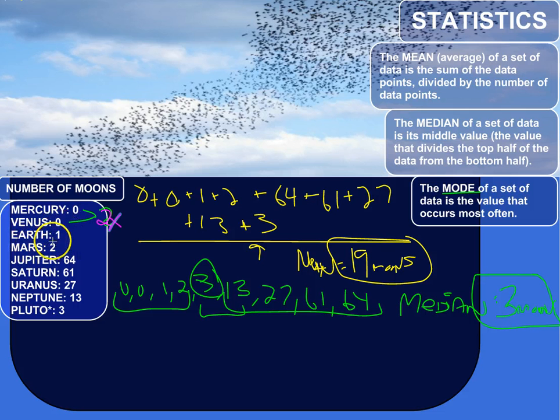Only one planet has 2 moons. Only one planet has 64 moons. So actually, the only number of moons that occurs twice or higher is 0. So 0 is the mode of this data set. It's the value that occurs most often. It occurs twice. All the other values only occur once. So the mode would be 0 moons.